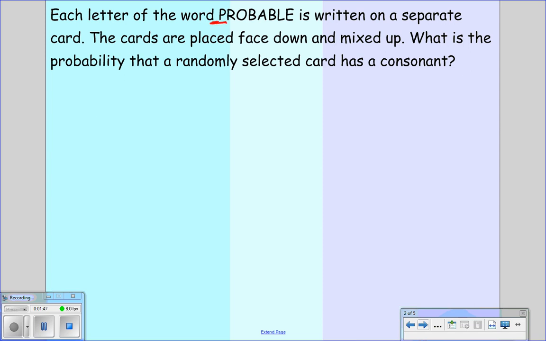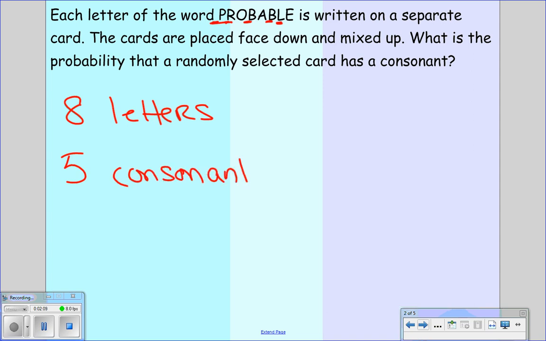These are the consonants: P-R-B-B-L-E. So we need to talk about two things. First of all, we have a total of 8 letters, and 5 of them are consonants.